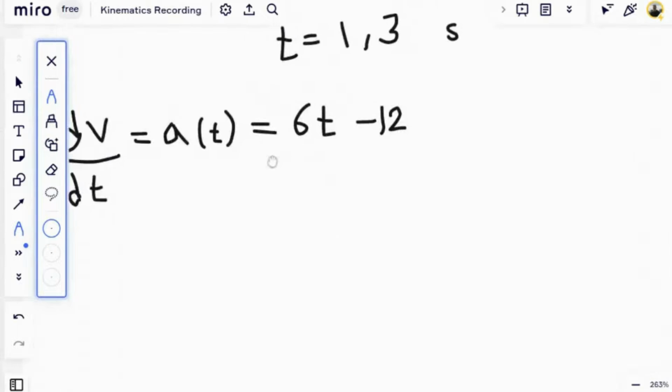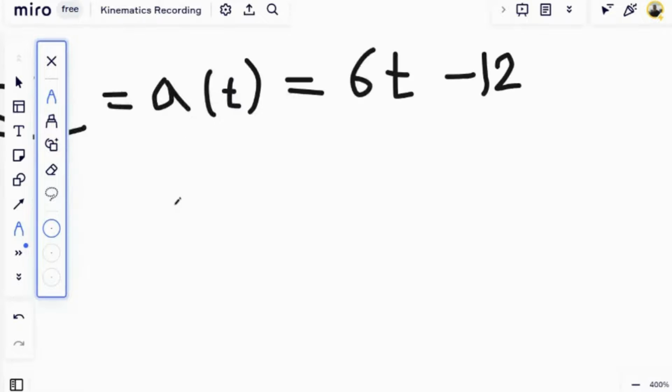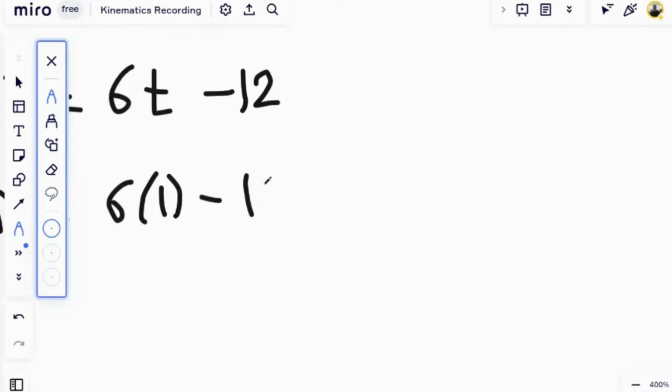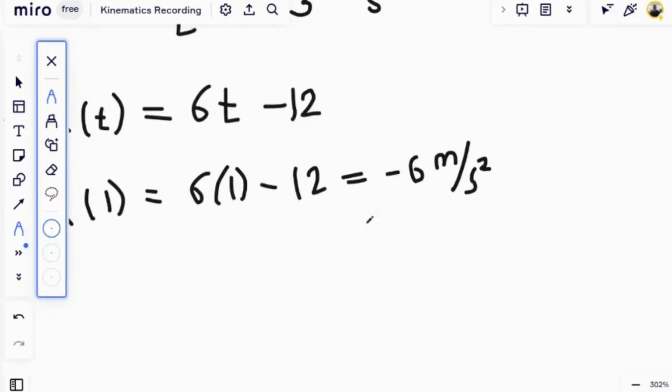Okay, so now we've got our acceleration equation. We can plug in those times that we just solved for and figure out those accelerations. So acceleration when the time is equal to 1 is going to be 6 times 1 minus 12, and that's going to be equal to minus 6 meters per second squared.